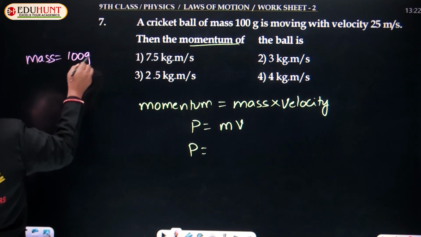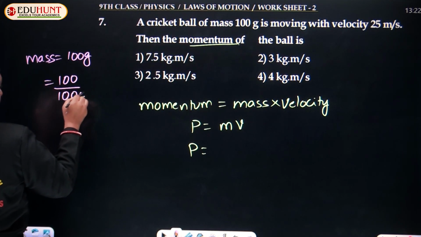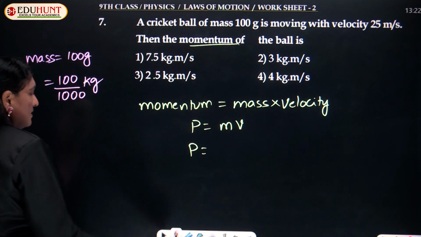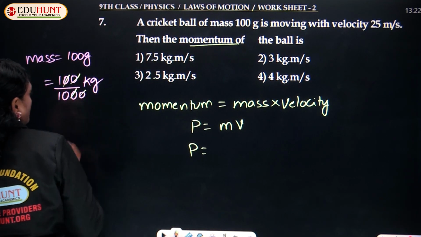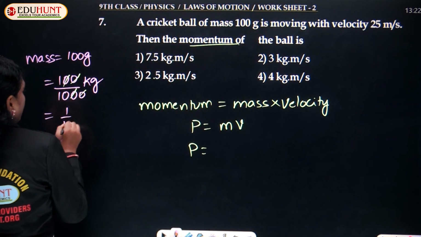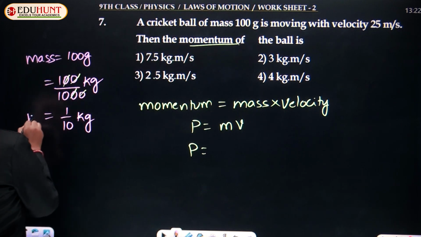The value of mass is given as 100 grams. So we have to convert into kgs by dividing this by 1000. Then the gram will become kg. So further simplification gives 0, 0 and 0, 0 get cancelled. So you are left with 1 by 10 kg. So mass is given as 1 by 10 kg.